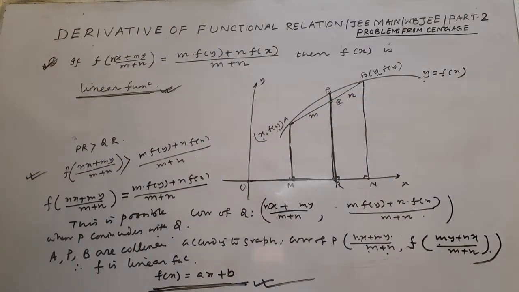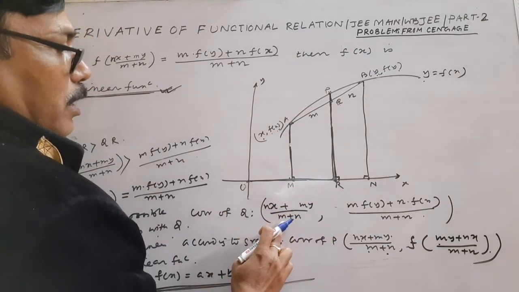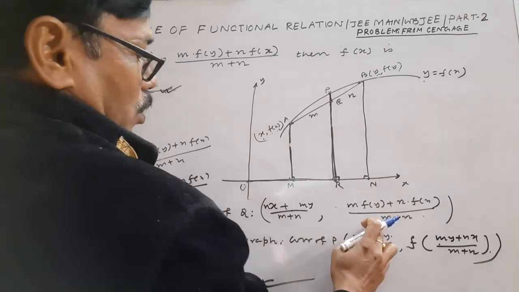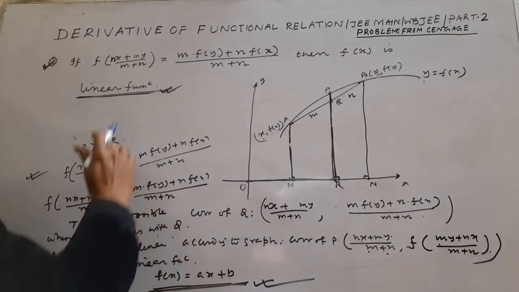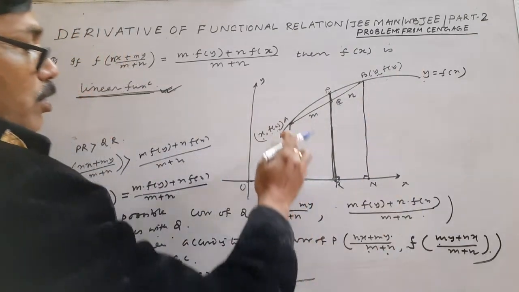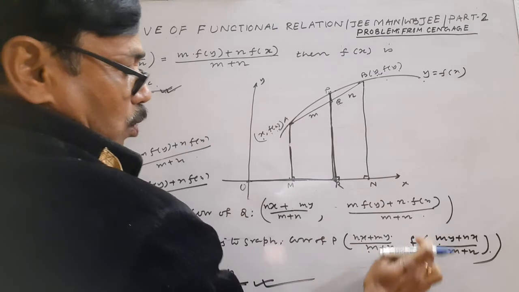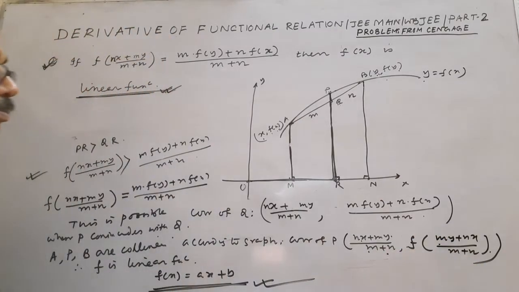So what is the x coordinate? (nx + my)/(m + n), and this is the y coordinate. Now since y equals f(x), P lies on y equals f(x). So the coordinate of Q will have the same x coordinate, but the y coordinate is this.